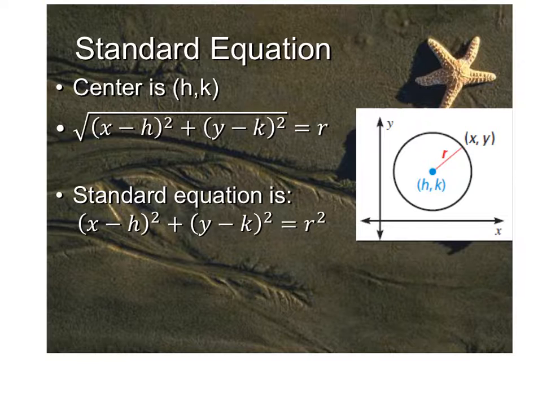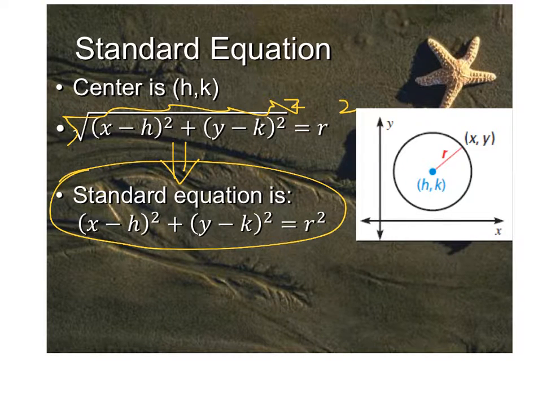Now notice, they've got it under a radical, but as soon as we square both sides here, it causes the radical to cancel. So the standard equation for a circle, when the center is some other ordered pair other than 0, 0, is this.